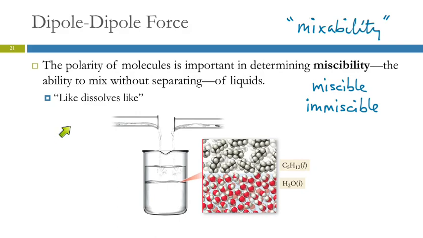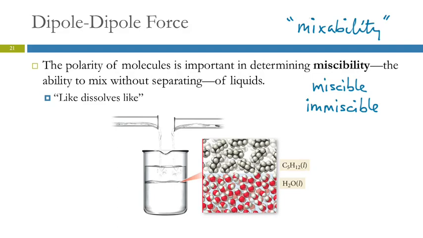And a little phrase that we have to help ourselves remember this is like dissolves like. So if you have two polar substances, they will probably mix together. Two nonpolar substances, they are alike in their intermolecular forces. They are going to mix together. What if you have polar and nonpolar? They're not going to mix together. Okay? Because they're not alike.